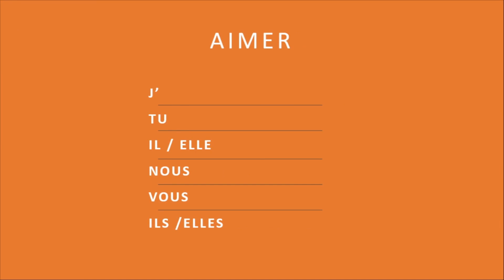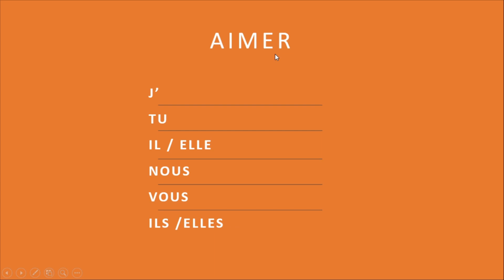Okay, here we have an example. We want to conjugate the verb aimer. We see that the infinitive ends with er, so it belongs to the first group.